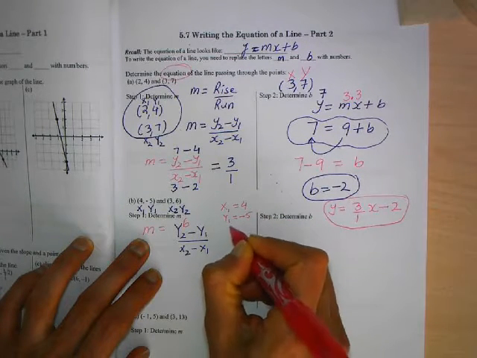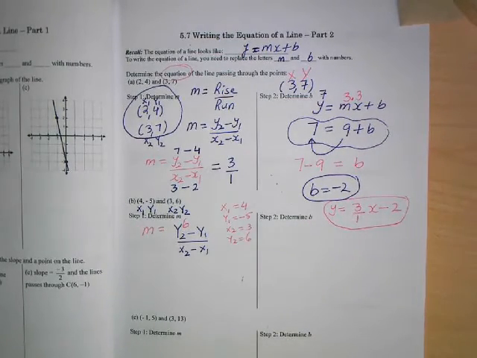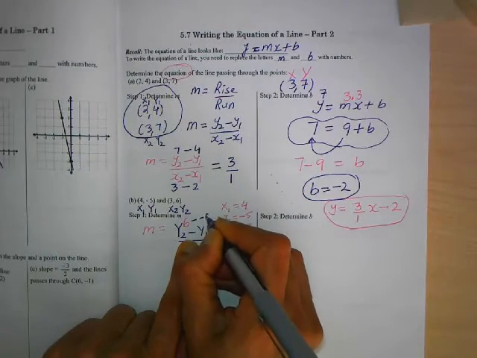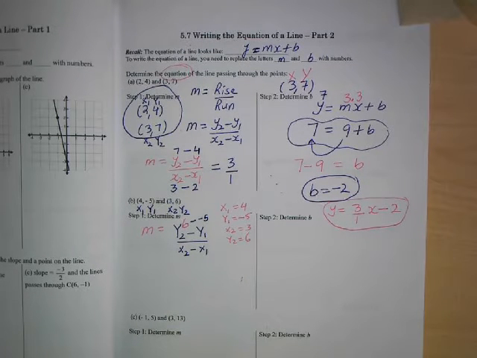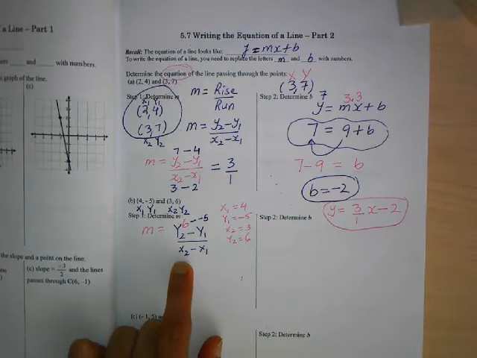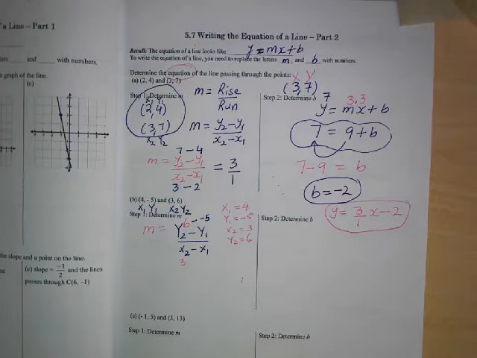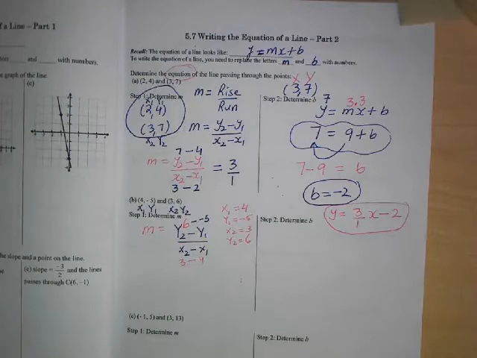Good, negative 5. x2 is 3 and y2 is 6. So remember, minus negative 5. Okay, you're minusing negative 5. Sahil, what's x2? 3. What's x1? 4? So minus 4. Sandeep, do 6 minus negative 5. Tell me what you get.